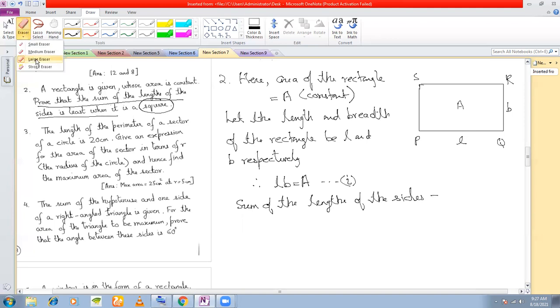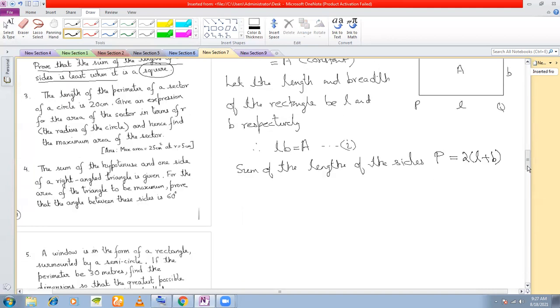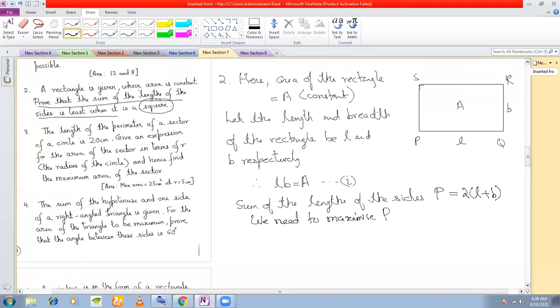Let us call this sum of the lengths of the sides as P, perimeter, is equal to, what is the perimeter of a rectangle? Twice L plus B, right? Let us call this 2. Now the question is, prove that the sum of the lengths of the sides is least. We need to minimize, not maximize. Least they are saying. So we need to minimize P.